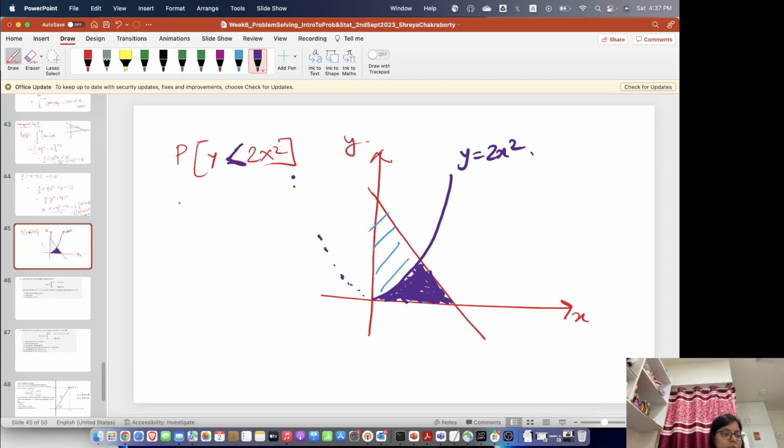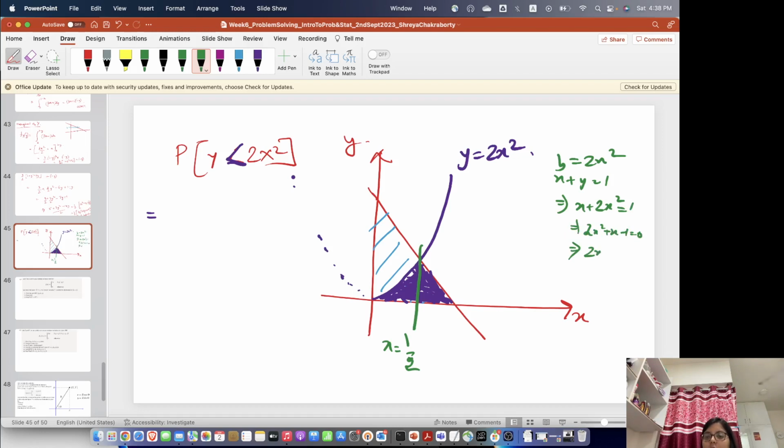So this one we can write as, this point here, this is x equal to half. How? y equal to 2x square and x plus y equal to 1. So x plus 2x square equal to 1. 2x square plus x minus 1 equal to 0.